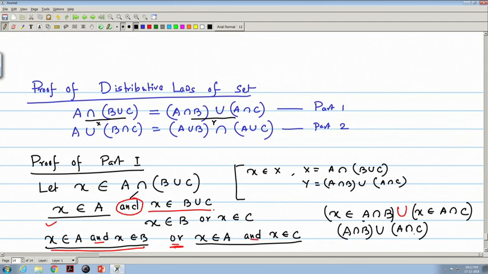So, we assumed let x belong to A intersection (B union C), which implies that x belongs to (A intersection B) union (A intersection C).